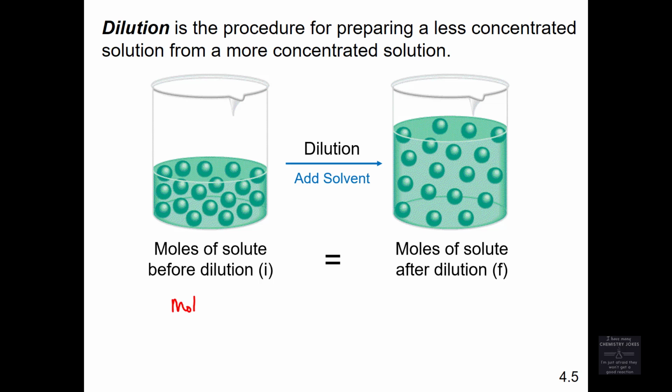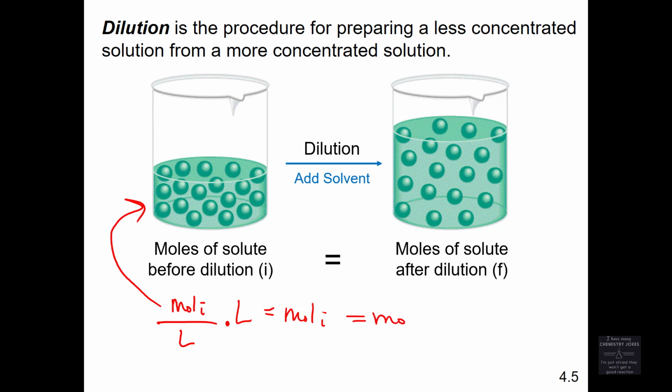moles initial divided by the liters initial, that would tell me the concentration of this initial solution. But if I take that moles per liter concentration and multiply it by how much solution I have, I actually get the moles of solute in the initial solution.